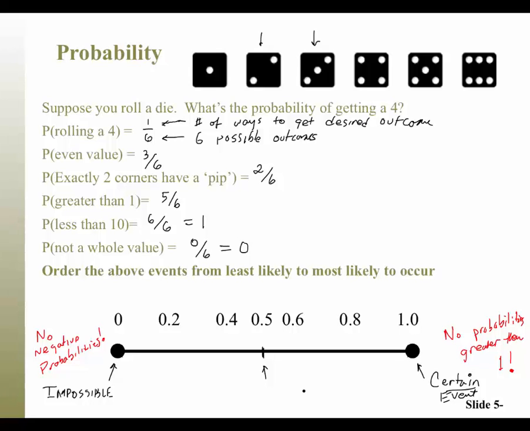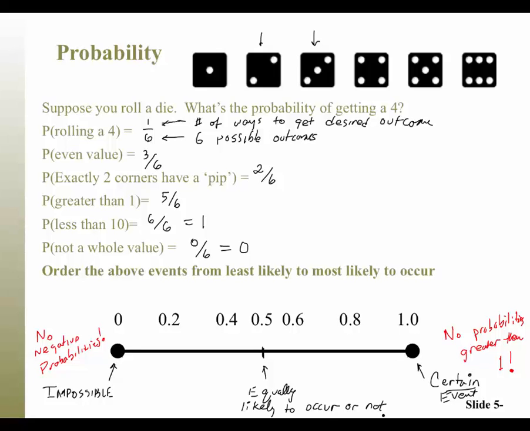So it's equally likely to happen as not to happen. I'll abbreviate that this way: equally likely to occur or not. That's what a probability of 0.5 means.